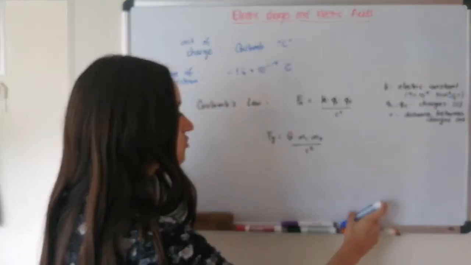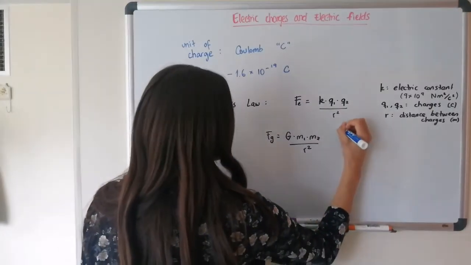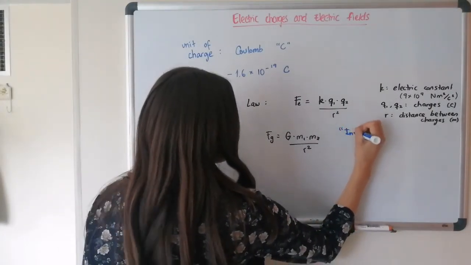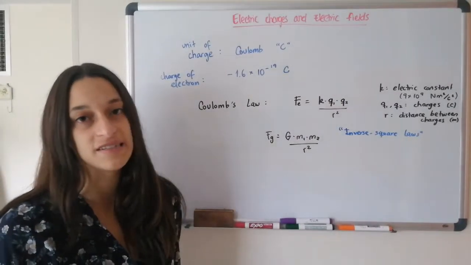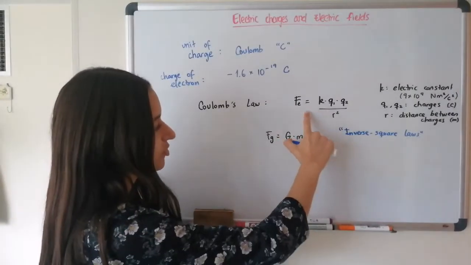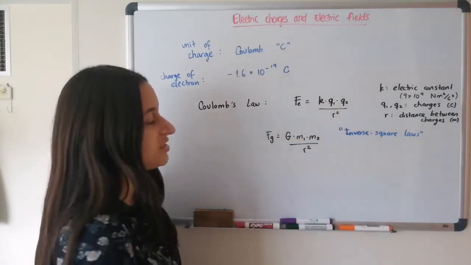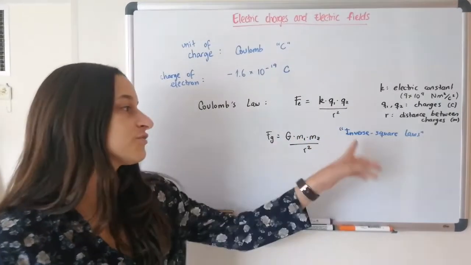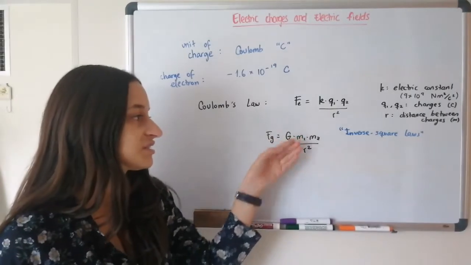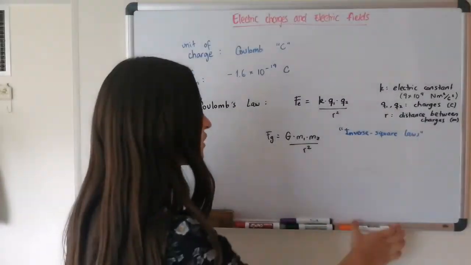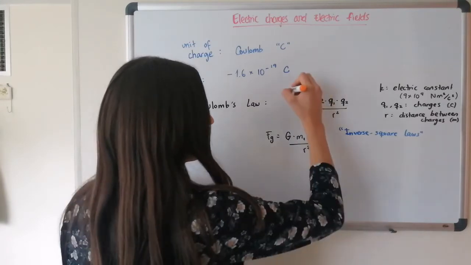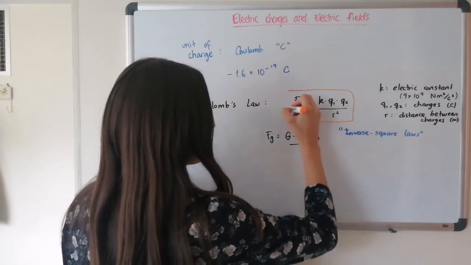And these two laws are called inverse square laws. So all laws in physics that are proportional to 1 over the distance squared are called inverse square laws because the distance is inverse and squared. But right now we're just going to focus on Coulomb's law.